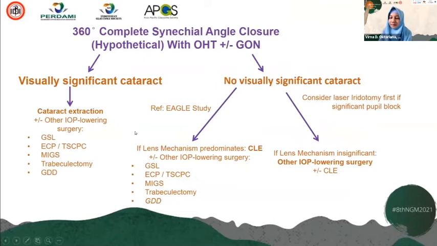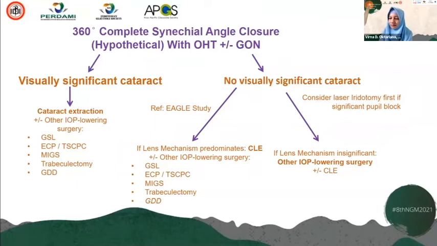Now, in the second hypothetical situation, we will have 360 degrees complete synechial angle closure. Once again, this time with ocular hypertension, with or without glaucomatous optic neuropathy. You can see that, once again, if there is visually significant cataract, then we perform cataract extraction with or without another IOP lowering surgery.